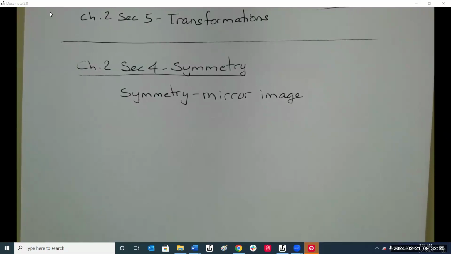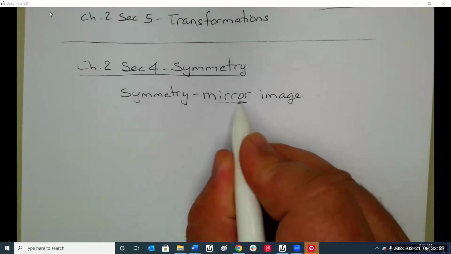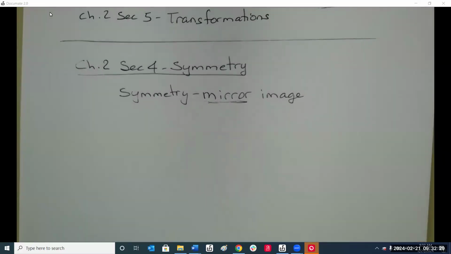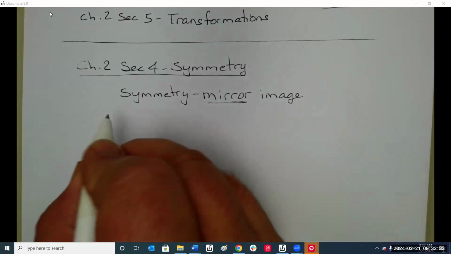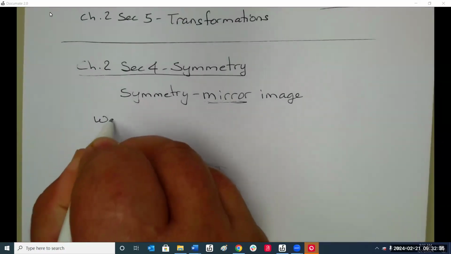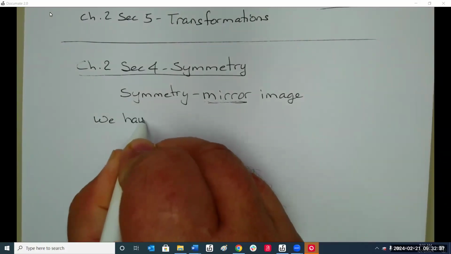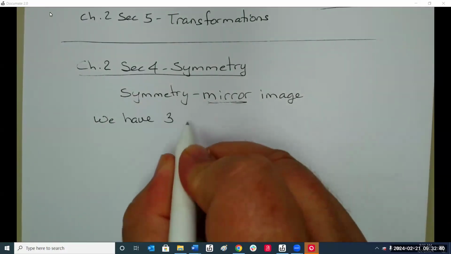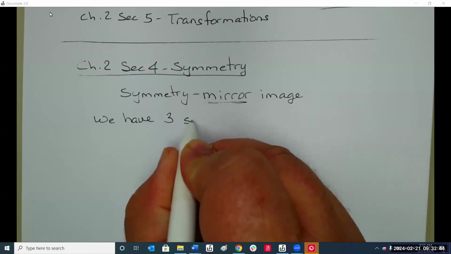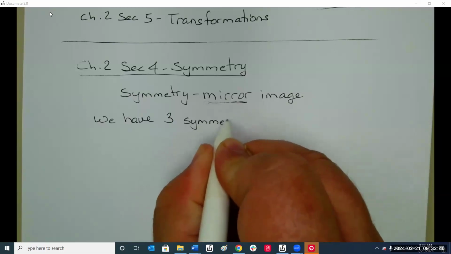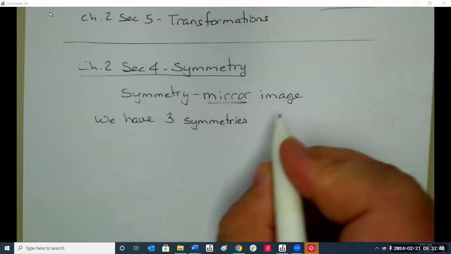But how many sides does our mirror have? Three. What are they? We have three symmetries.